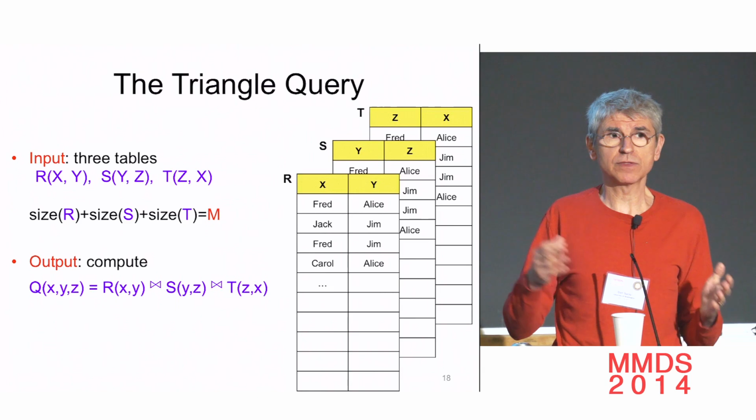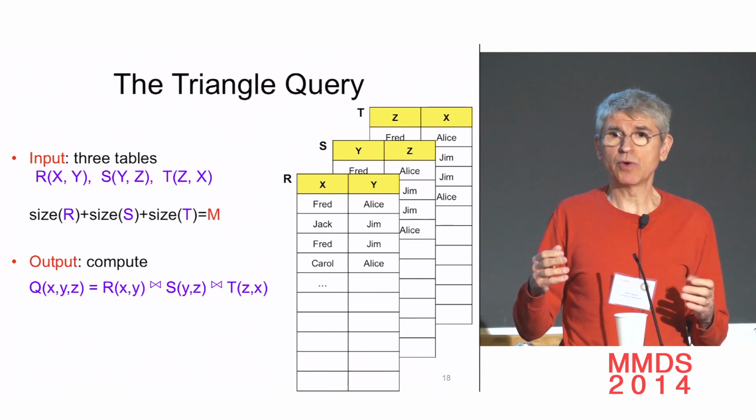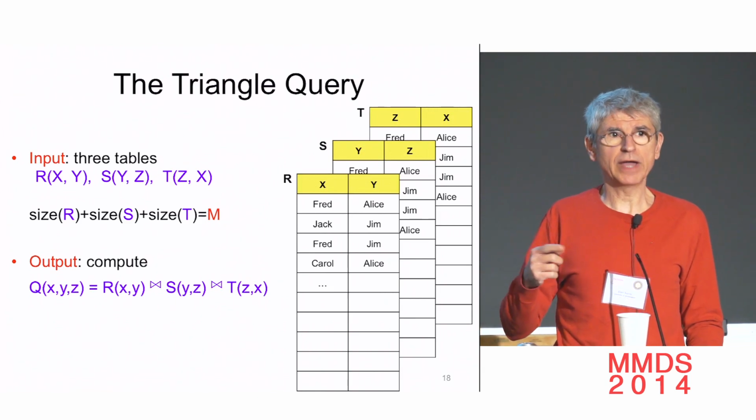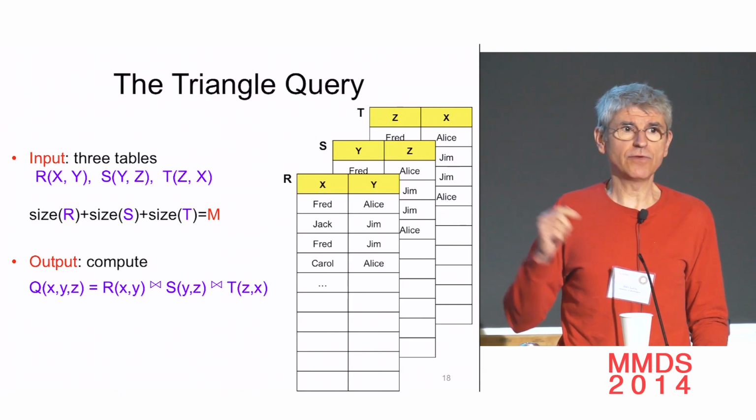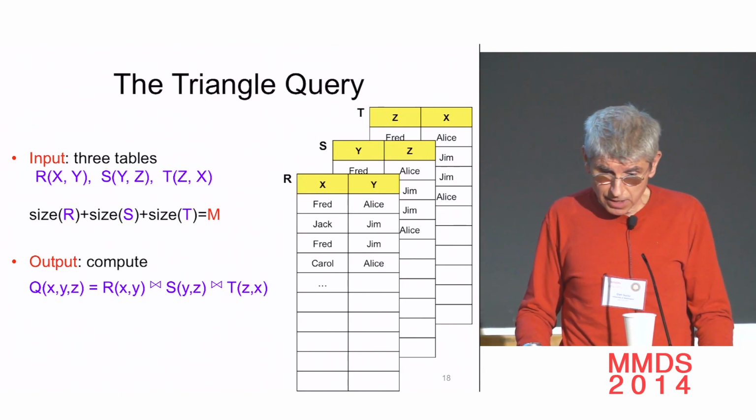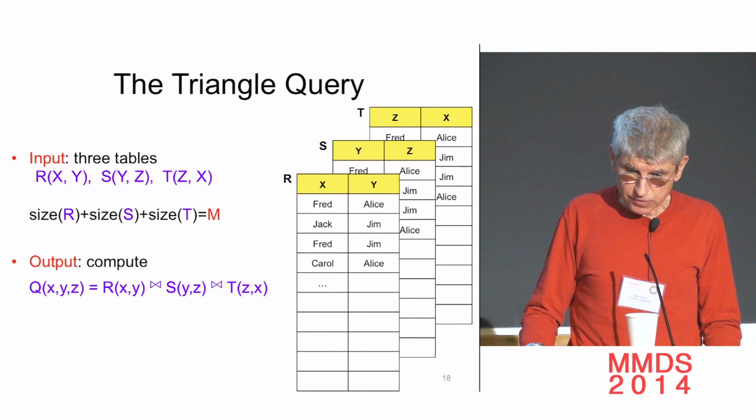X follows y, and now you want to find all triangles where x follows y, y follows z, and z follows x.